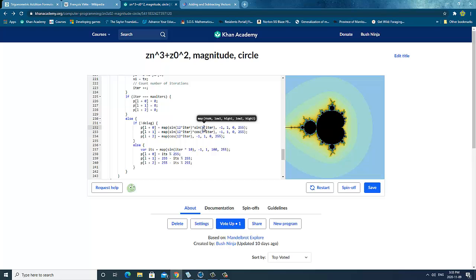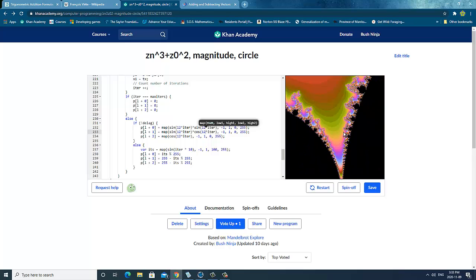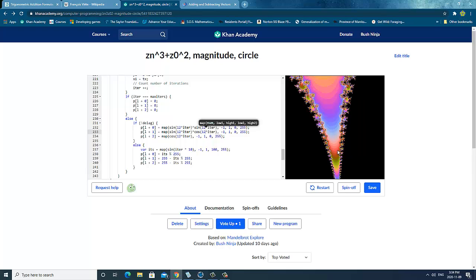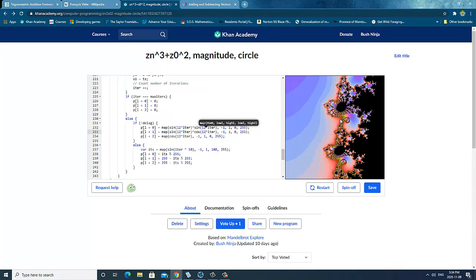So let's count our 12. We're expecting 6 color variations. Baby blue here. We'll come down here. 1. There's 2. Let's go into here. So we're coming in. There's 3.